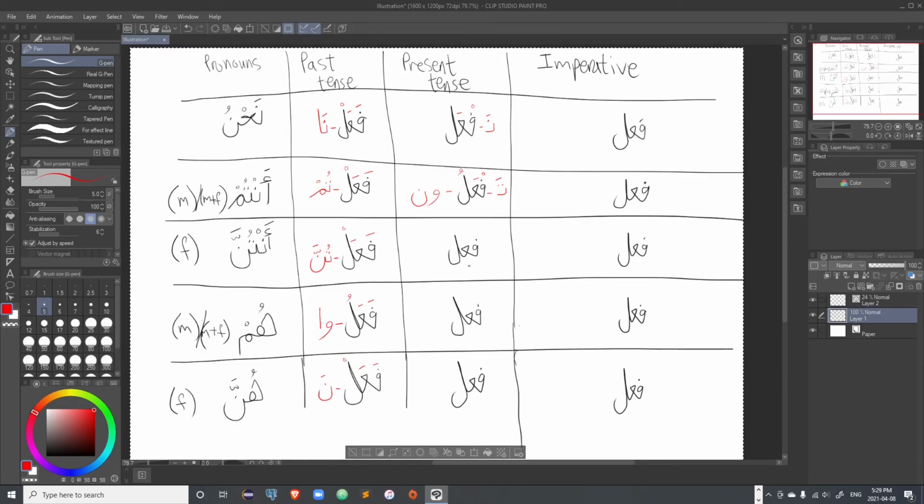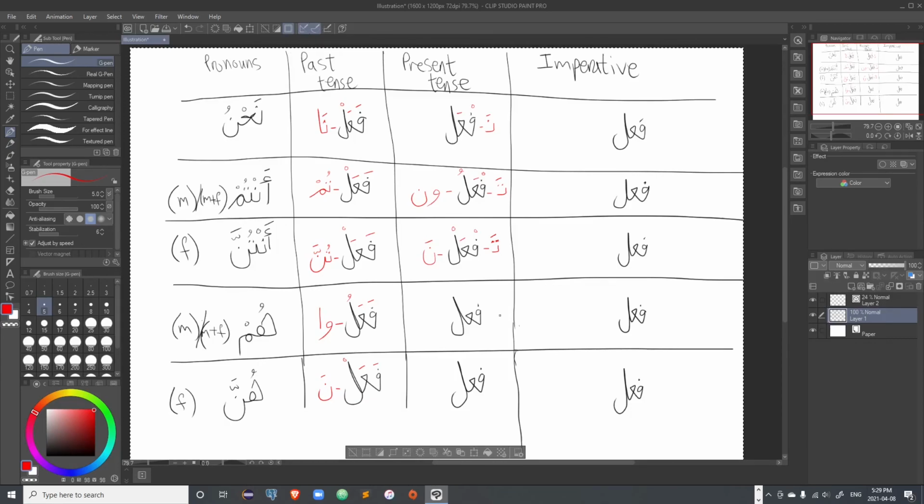Then for the feminine form, it would be أنتن تفعلن. أنتن تفعلن. And as you can see, this is the ta for the second person.